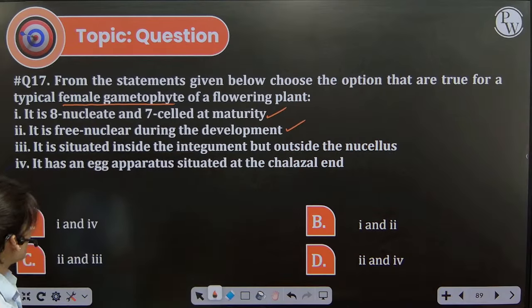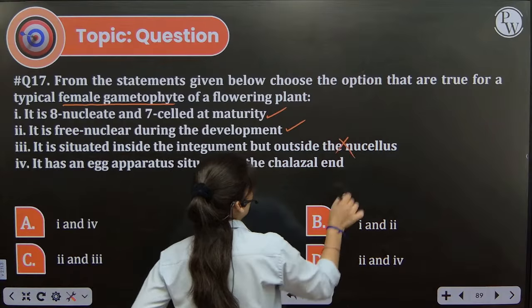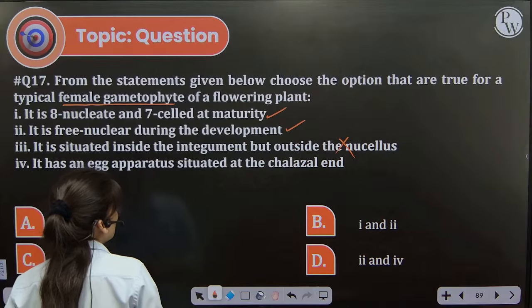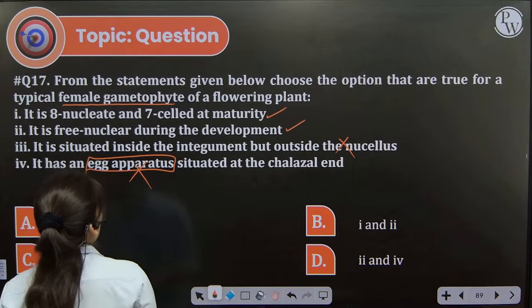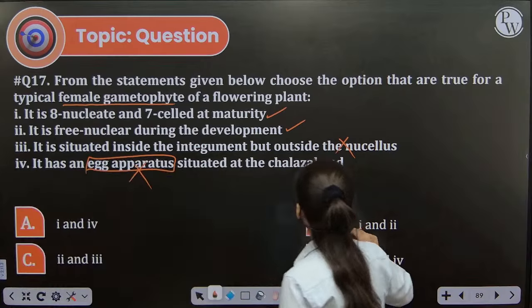It is situated inside the integument but outside the nucellus. No, it is present inside the nucellus only. It has an egg apparatus situated at the chalazal end. The chalazal end has antipodals. So statement 1 and statement 2 are correct, true.